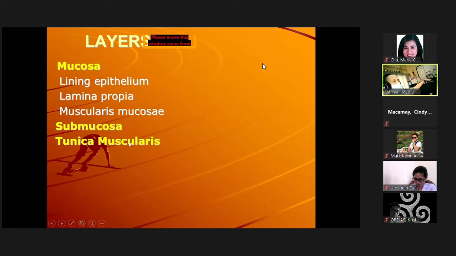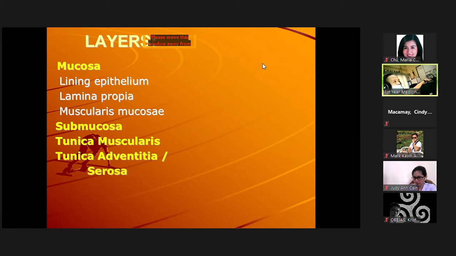Tunica muscularis is a separate layer. And then you have your Tunica Adventitia or Tunica Serosa. If it is covered by peritoneum, you call it serosa. If it is not, then it is adventitia. We'll cite examples of that later on.